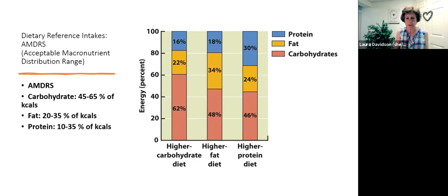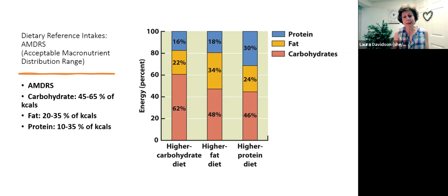I never have been the biggest fan of the AMDRs, because as you will notice when we move on to Unit 2, it's really more important what type of carb, fat, and protein you're consuming, from what sources. That's more important than the total.